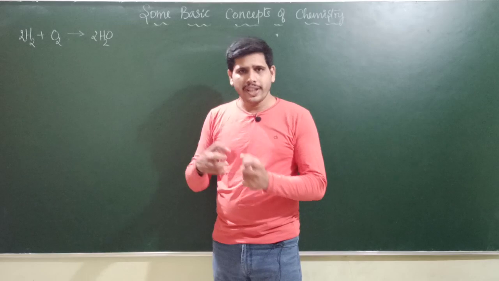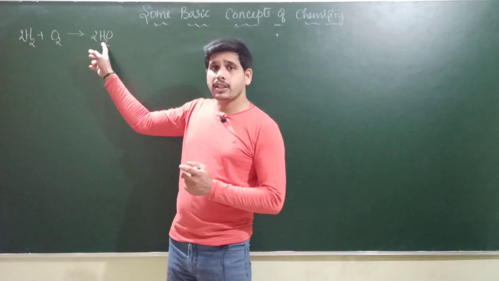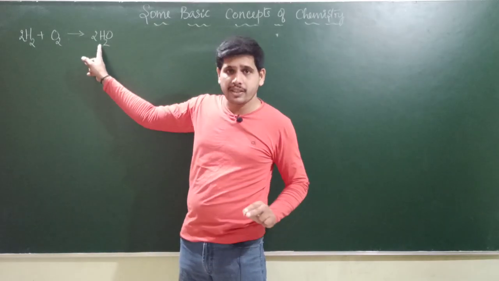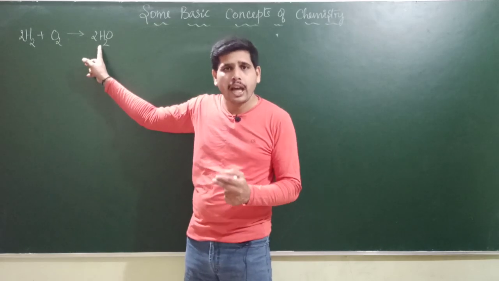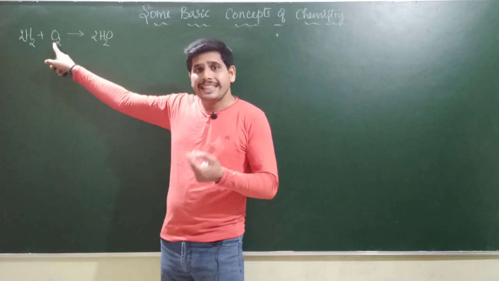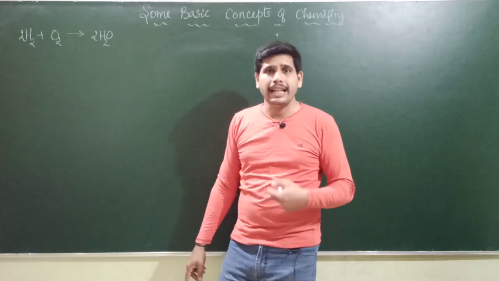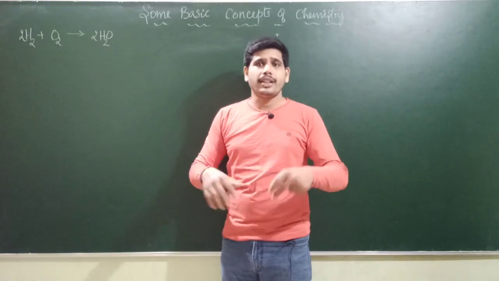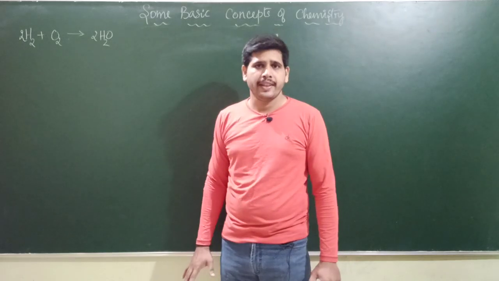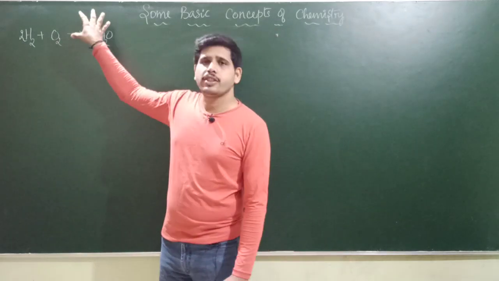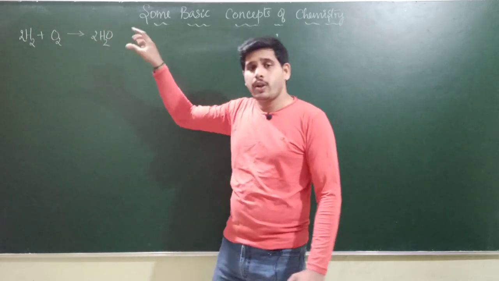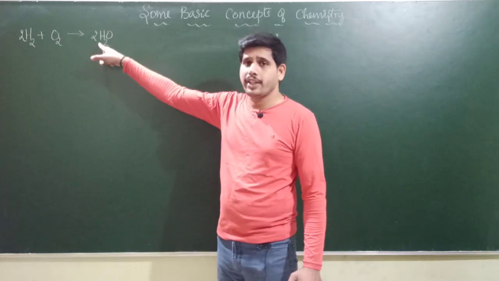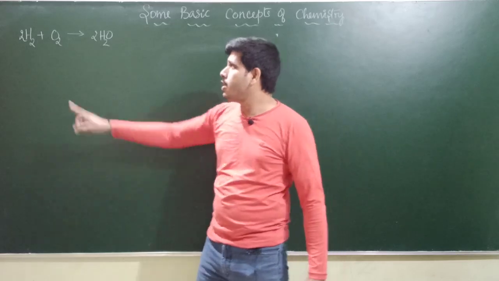We have 2 reactants, and to form product, both the reactants should be present. But as the reaction progresses, one of the reactants, since it is present in a lesser amount, is going to get consumed completely. So the reaction is going to stop.